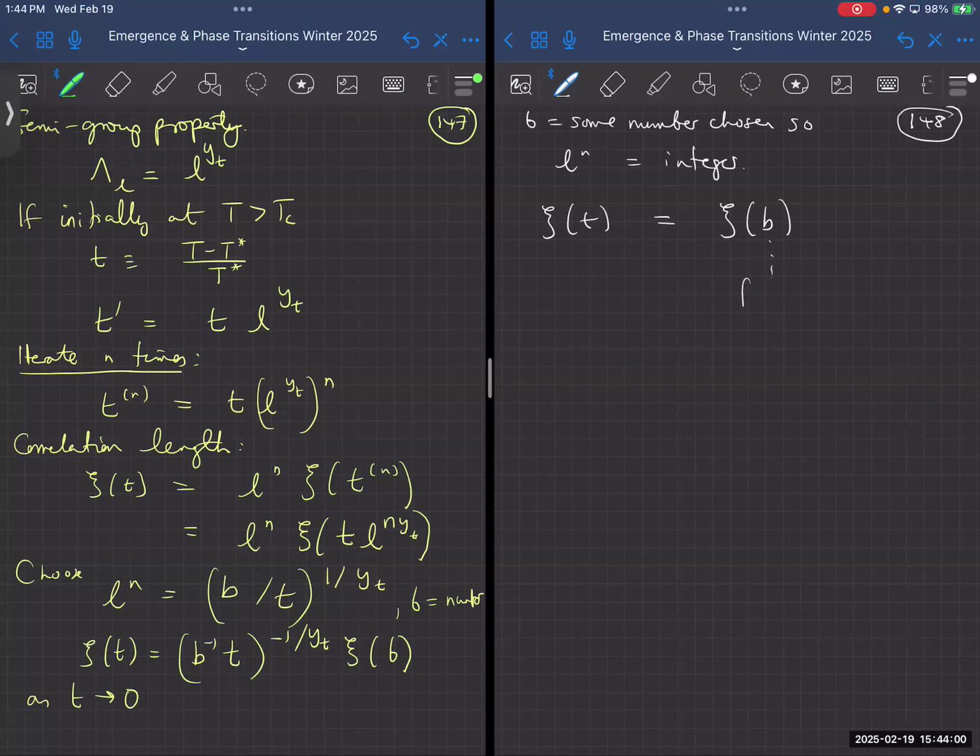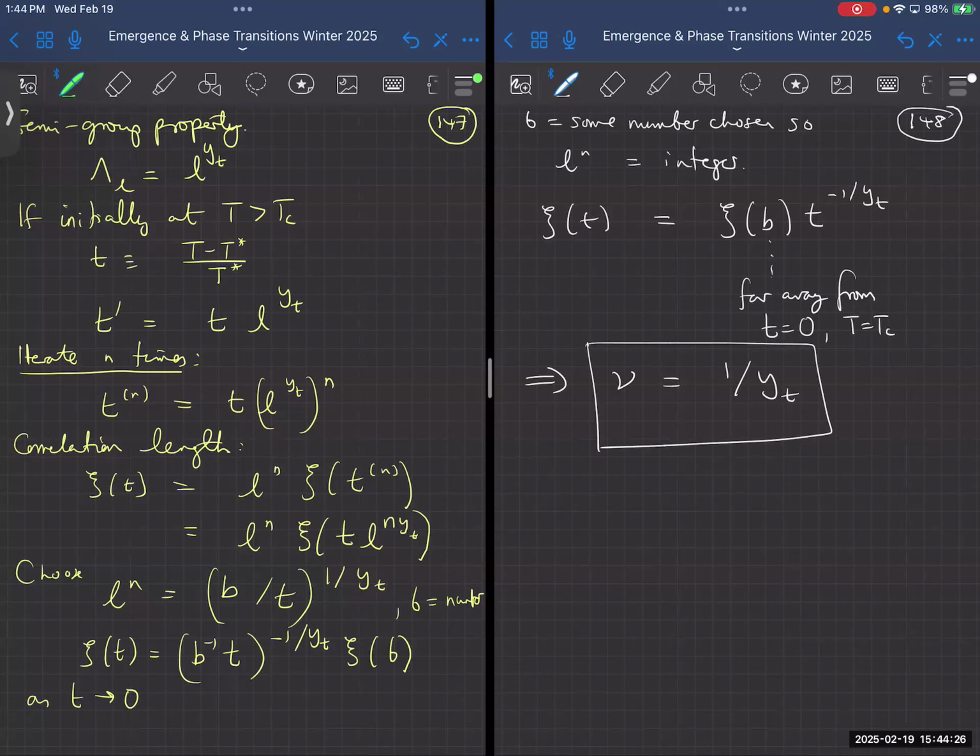So this is far away from little t equals 0, or t equals tc. So that's generally going to be a number of order angstroms. And then this is going as t to the power minus 1 over y sub t. And so that implies that the critical exponent nu is equal to 1 over y sub t. So everything there is just like what we saw with the Kadanoff block spin construction.